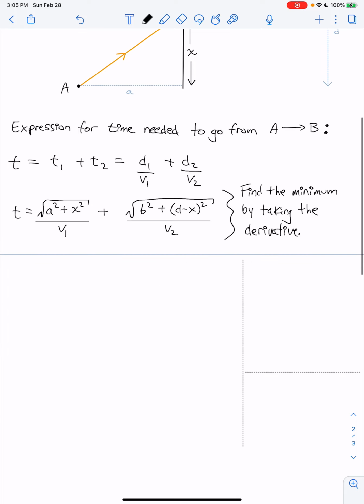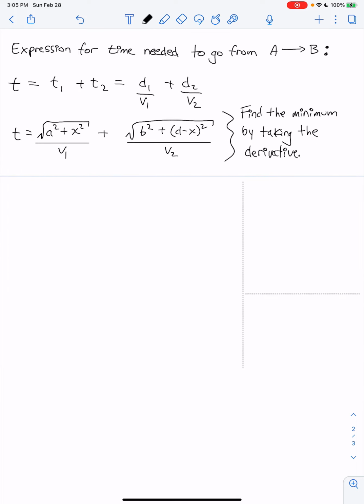Okay, so let's take the derivative. So it's dt by dx, because what we're interested in is the path, and what we want to minimize here is t.